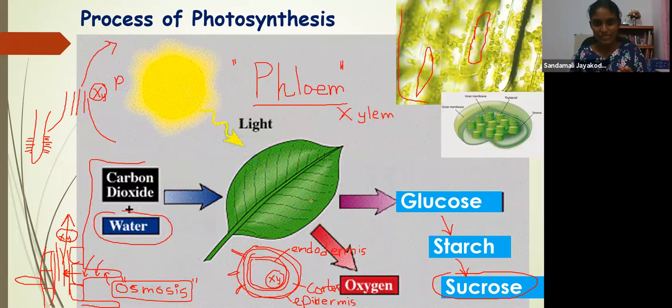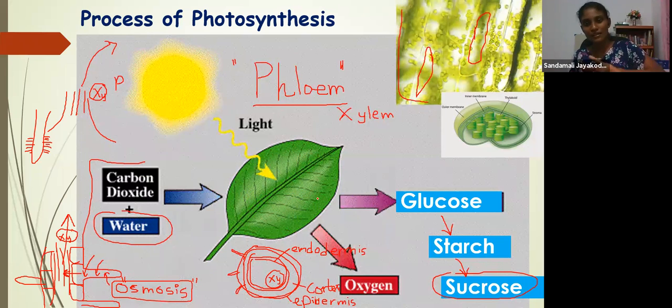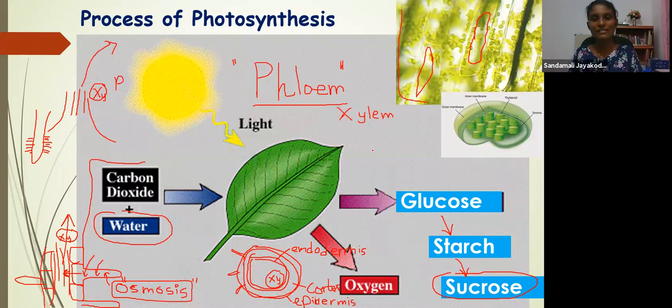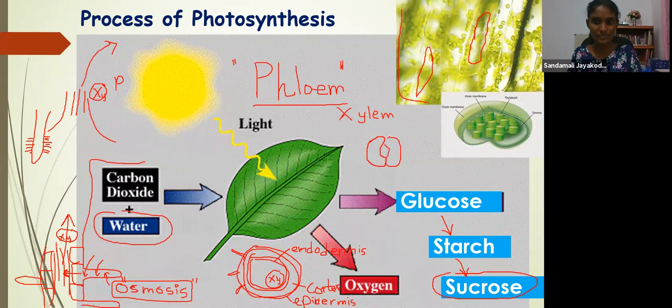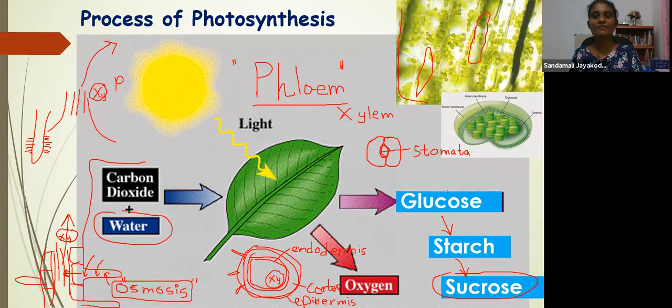When we take a section from the lower side of a leaf, we can see some holes like this. They are just bean-shaped cells. We call them guard cells, and the little pore in between is named the stomata. That is the thing which helps the plant to absorb carbon dioxide gas from the atmosphere.